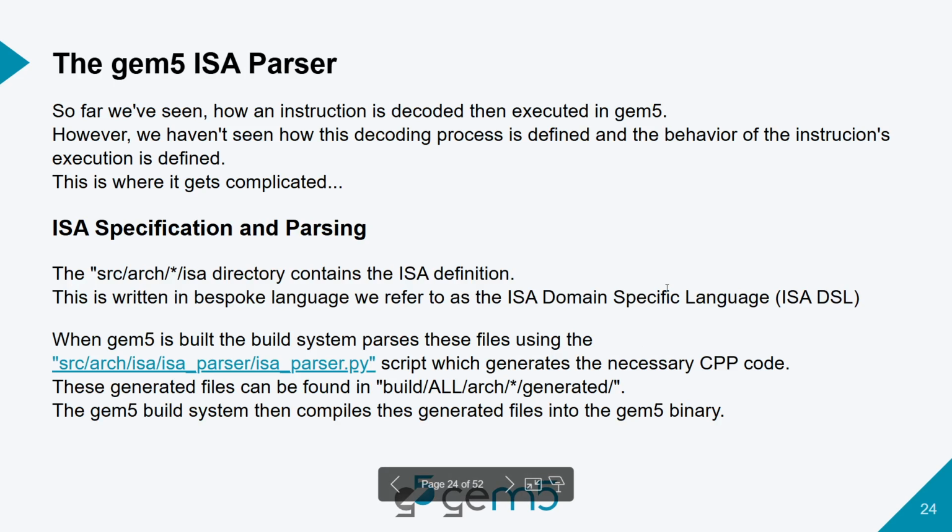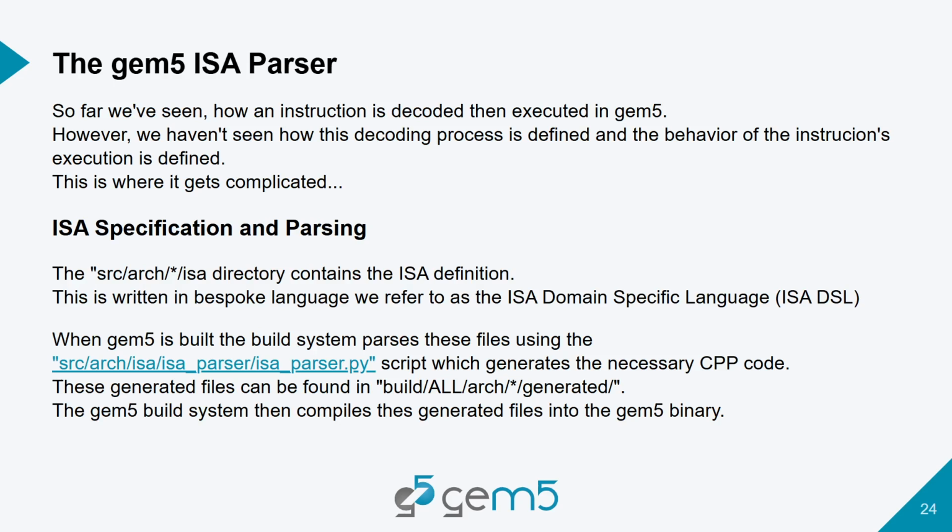If you go to the src/arch, in this case the RISC-V ISA directory, you can see the ISA definition. This is the part that I really don't like, but it's written in its own language that's not really defined anywhere, which we call the ISA domain-specific language, or the ISA DSL. This language is interpreted by what we call the ISA parser, which is just a Python script you can find in the src/arch/isa_parser directory.